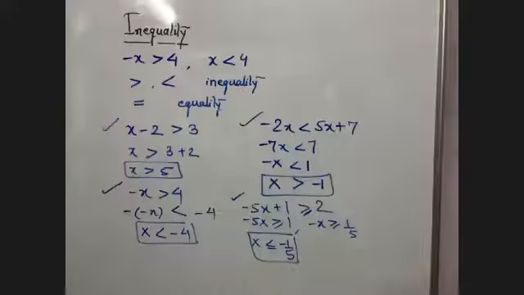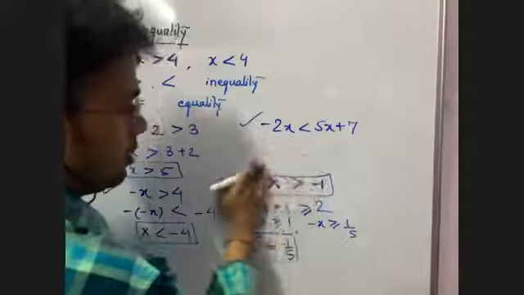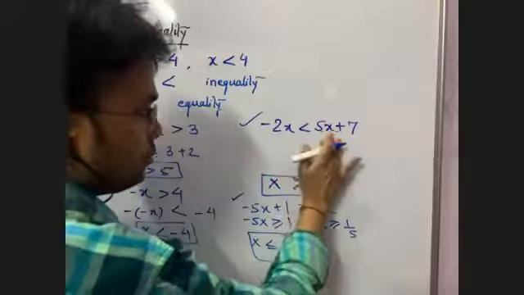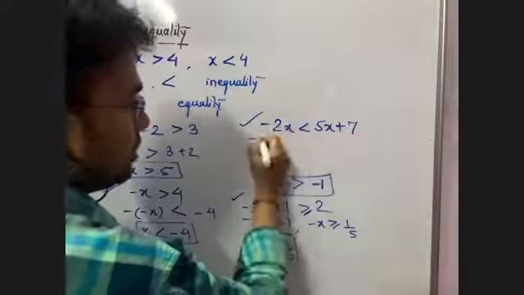Mohammad Ayan, you're asking, sir, how did you transfer 5x to the LHS without knowing the sign of x? Look at this. I'm writing it in 2 steps. I'm just using algebra. Take 5x to the left side, what will I get?